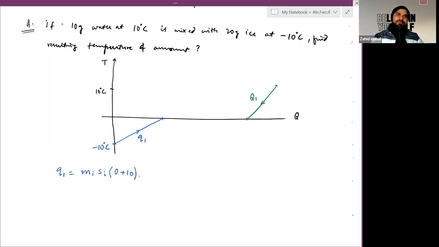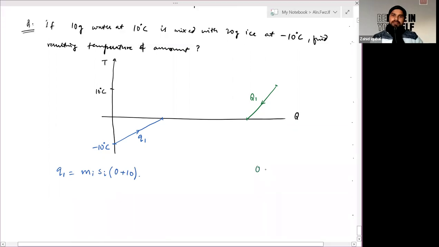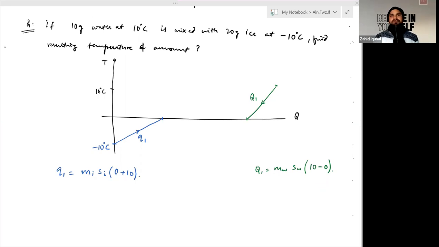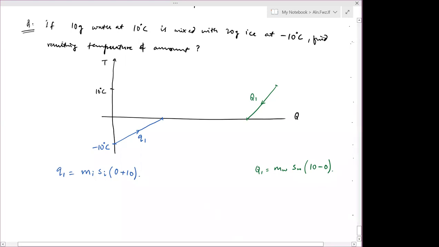And similarly, capital Q1 is mass of water times specific heat capacity of water times change in temperature. Sir, both are equal. Good.